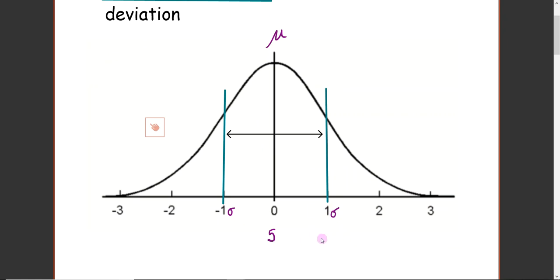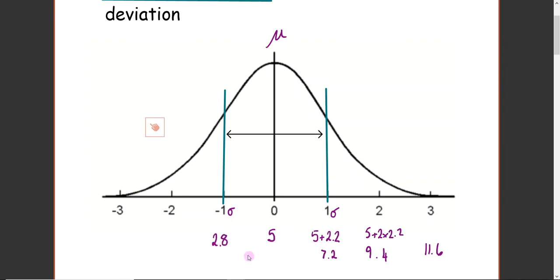So this number here would be 5 plus 2.2, which would be 7.2. This would be 5 plus 2 lots of 2.2, 9.4. And this would be another 11.6.